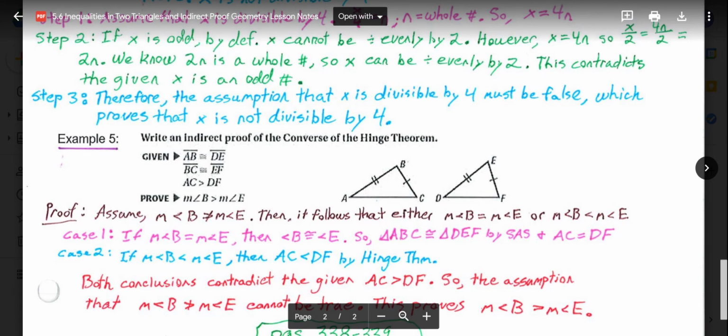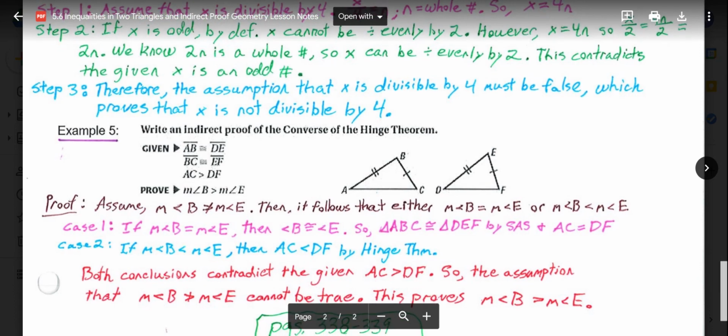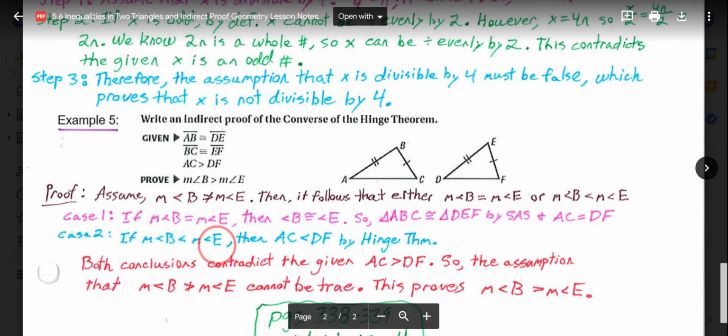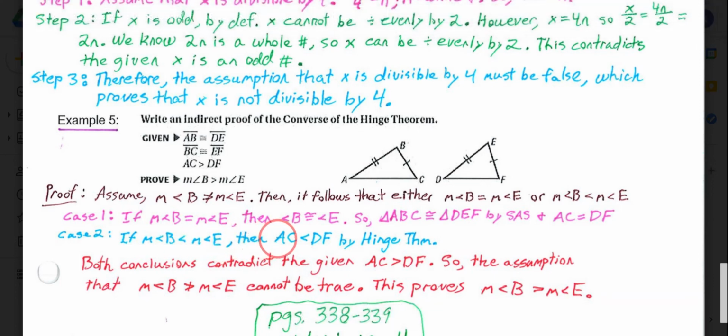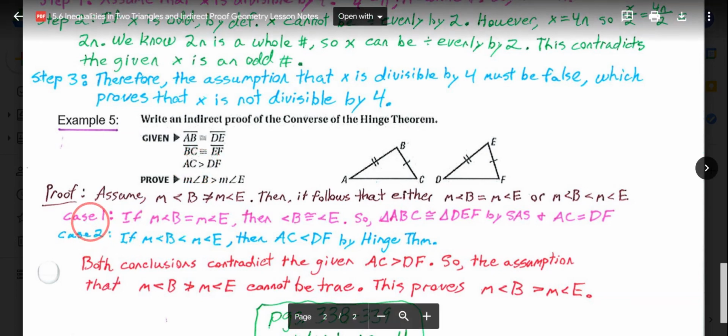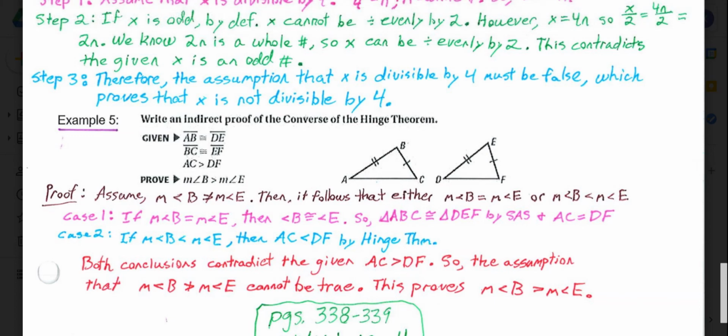In case 2, if we try to see if B is less than E, if the measure of angle B is less than the measure of angle E, then side AC would be less than DF by the hinge theorem. That again contradicts our given that AC is greater than DF. So both cases, if it's equal or less than, contradict the given that AC is greater than DF.